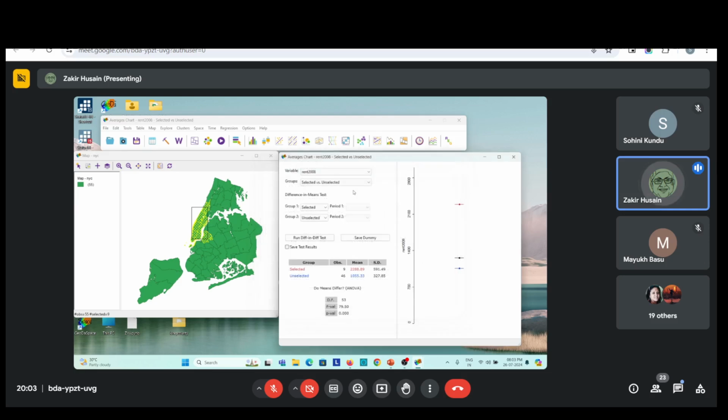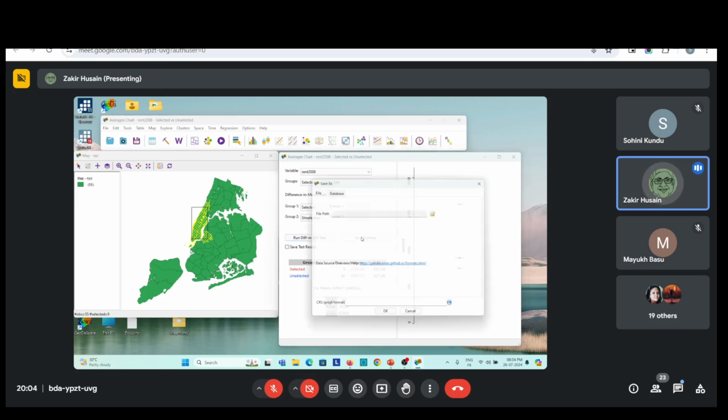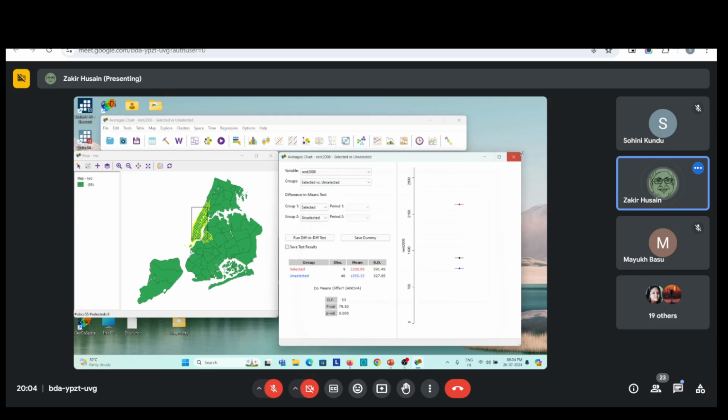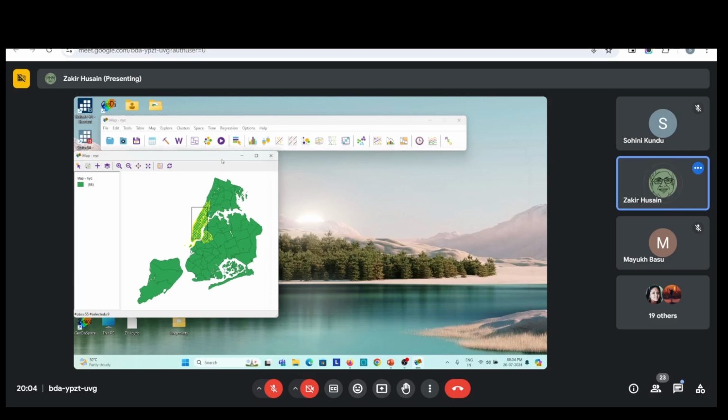This is all we can get from cross-section data. But if we had panel data, it would give us a difference-in-difference regression model. We can save the dummy over here. If you click it, a dummy will be created. But basically you have a separate region and a separate data set. Okay.